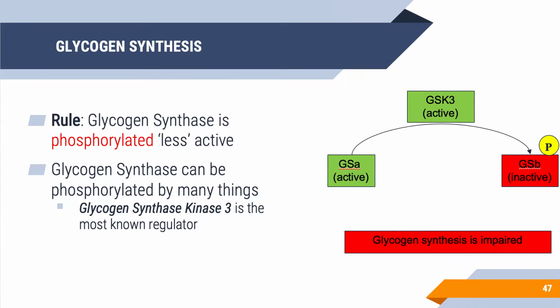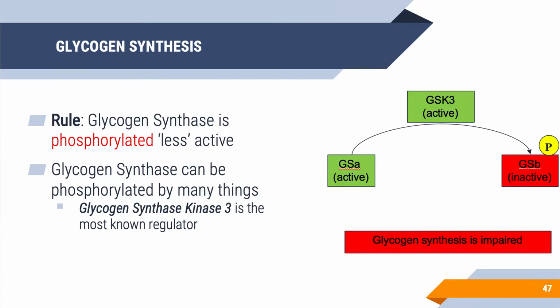active. Glycogen synthase can be phosphorylated by a number of different enzymes, but the most known regulator is glycogen synthase kinase 3. So what actually happens is this glycogen synthase kinase 3, or GSK3, can phosphorylate glycogen synthase into its inactive form.